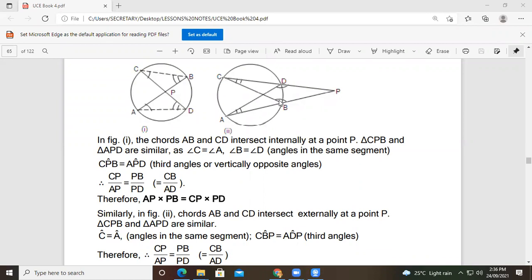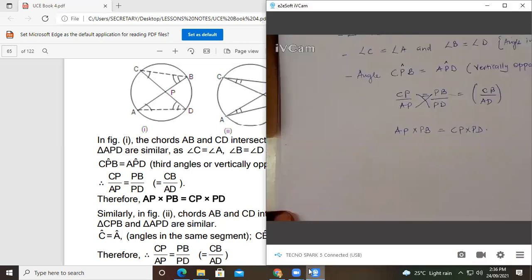We have triangle CPB, or CBP, and also triangle ADP or APD. This triangle here, and also this triangle here. Those triangles are also similar. So you should also draw that in your books, members, draw that. You should have that also.